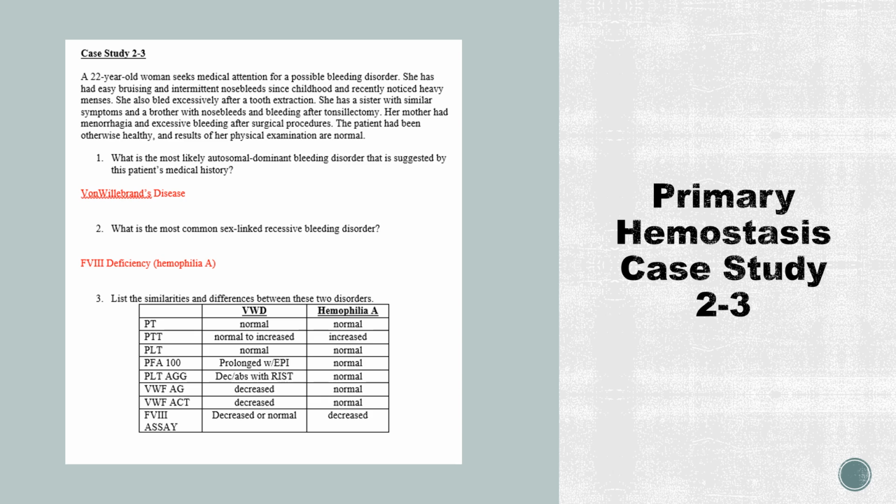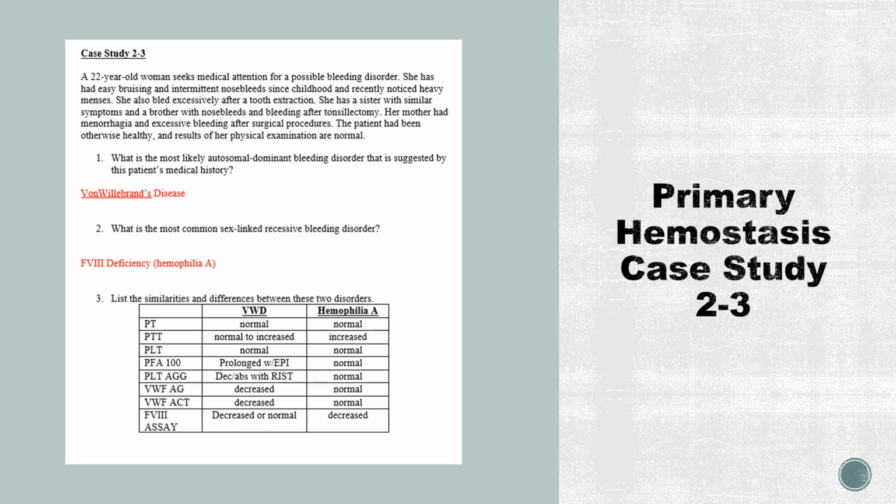Back again, case study 2-3. A 22-year-old female seeks medical attention for a possible bleeding disorder. She has had easy bruising and intermittent nosebleeds since childhood and recently noticed heavy menses. She has also bled excessively after a tooth extraction.